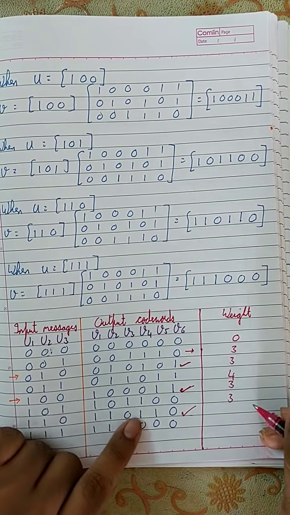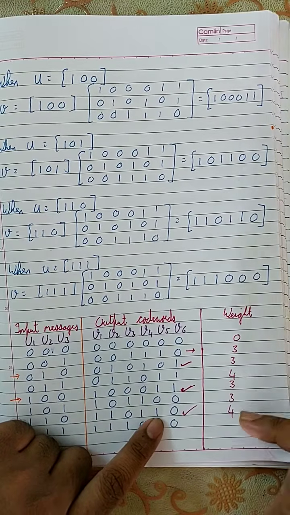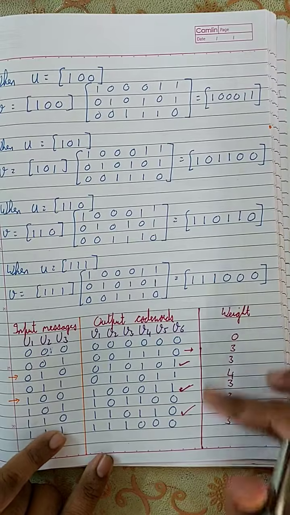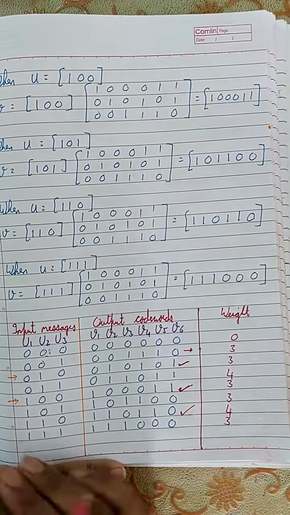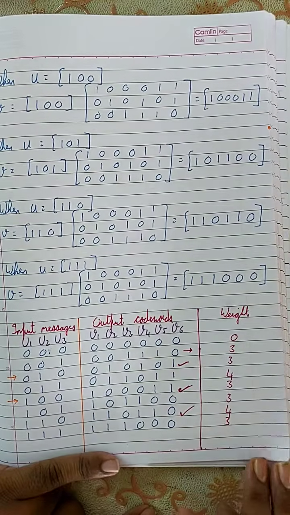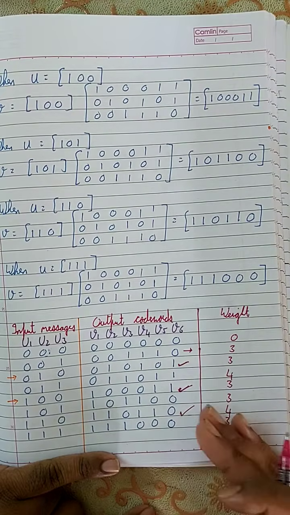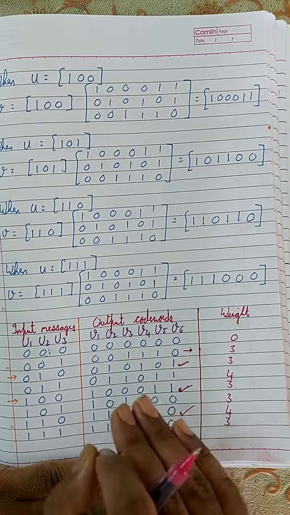Here there are 1, 2, 3, 4, so the weight is 4, and the weight of this code word is 3. This is called the weight of the code words, and it is the number of non-zero bits in the code word.